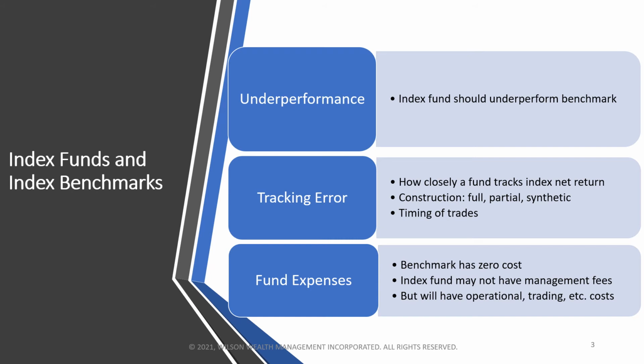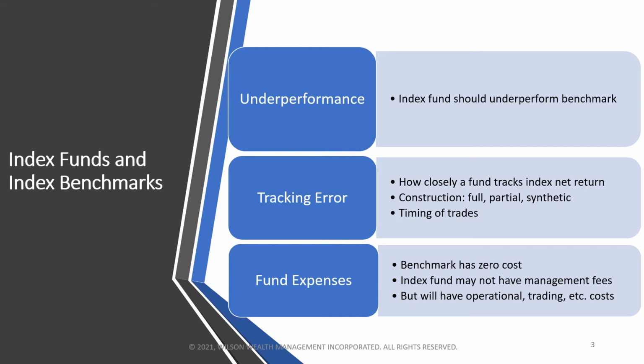And there's two reasons for that. One is tracking error. So if I'm invested in a S&P 500 index fund and my benchmark is the S&P 500, you'd expect the performance to be exact, but it'll be slightly lower. And one of the reasons is the tracking error.